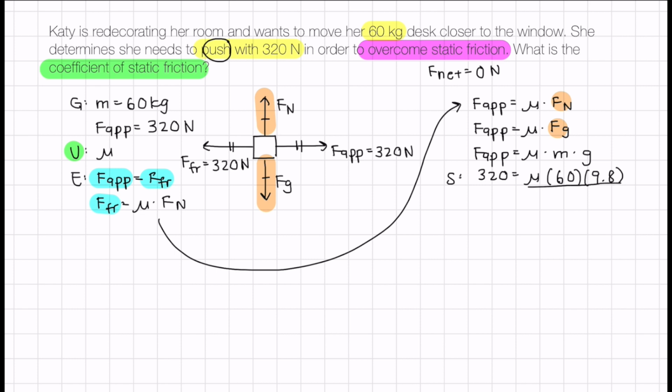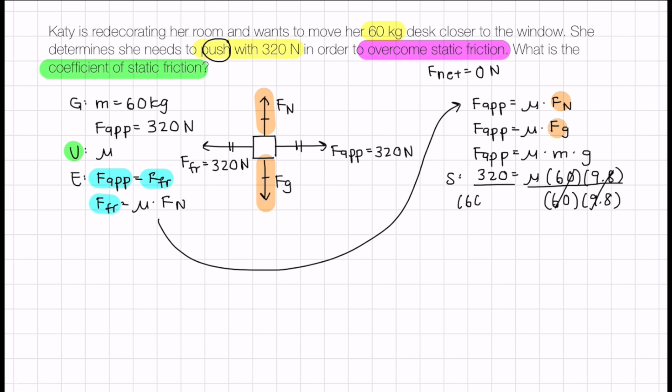What I need to do is divide both sides by 60 times 9.8. Which really is just mu is equal to 320 divided by 588.